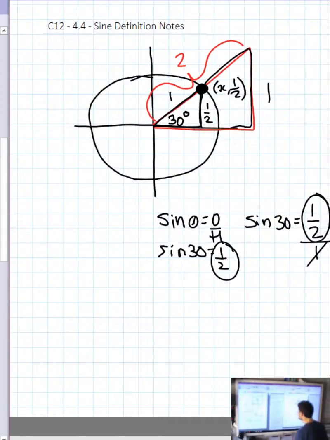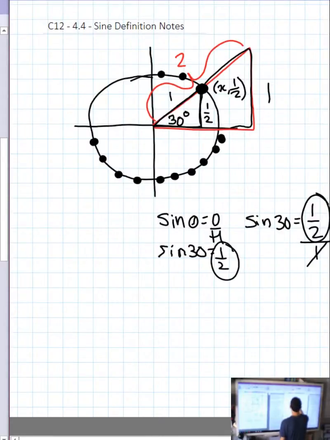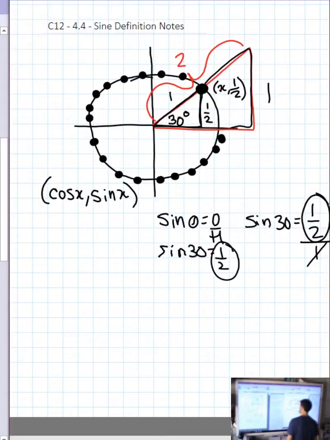Now, what am I trying to get to? Well, what I'm trying to get to is that every single point on the unit circle is simply cos x, comma, sine x.